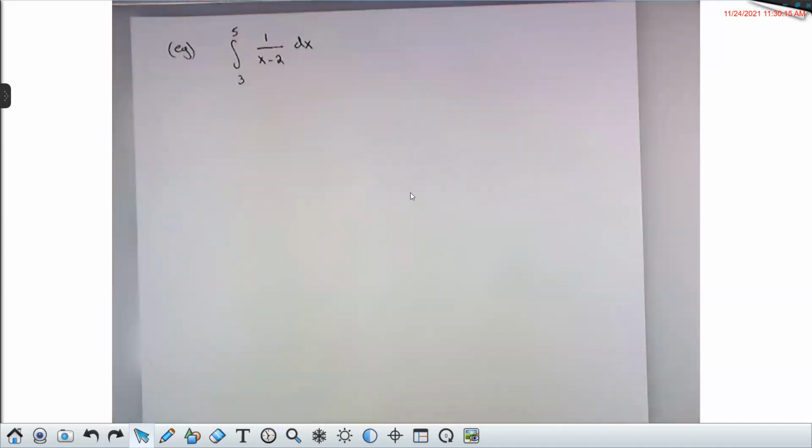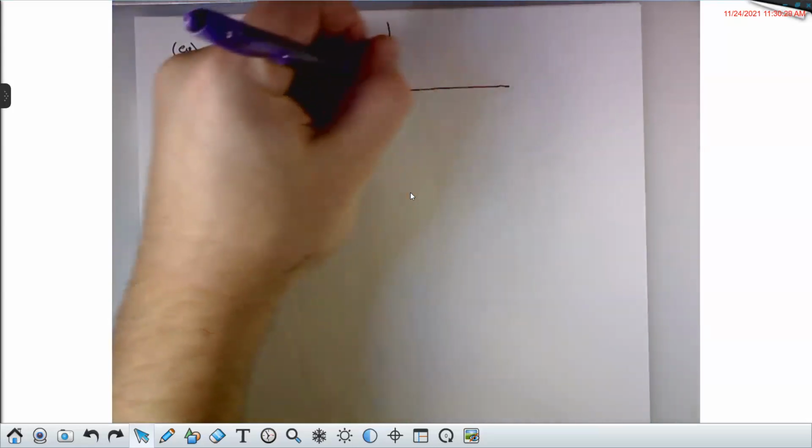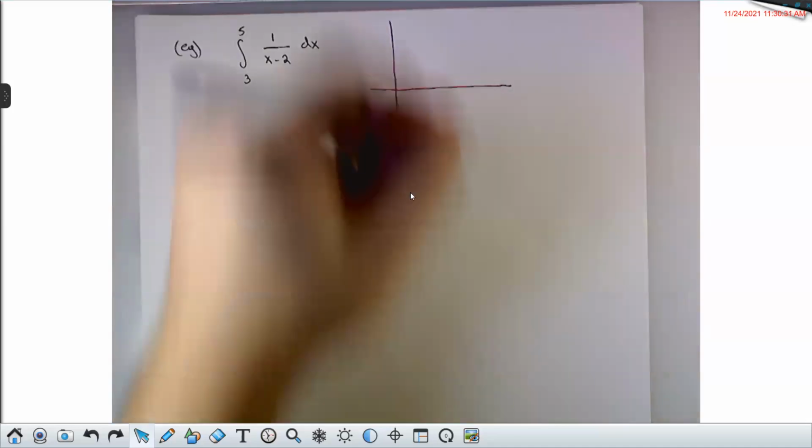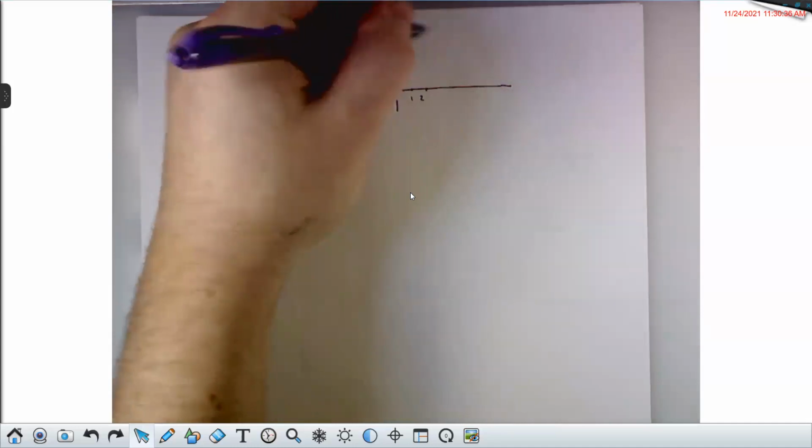I want to integrate from 3 to 5 the function 1 over x minus 2. Again, I'll draw the picture here. You don't need to draw this picture every time, but while I'm trying to convince you of these things, I want to. Here's 1, here's 2.